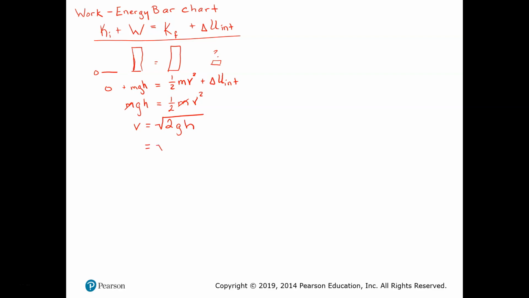So it's going to be the square root of 2 times 9.8 times my height. That drop was 33.2 meters. So that's going to give me a velocity of about 25.5 meters per second.